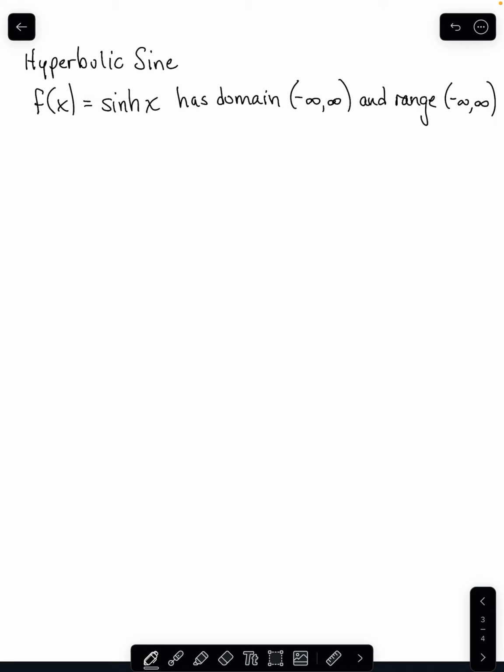As it turns out, the algebraic definition of hyperbolic sine is very, very similar to that of hyperbolic cosine, except this time the terms in the numerator are being subtracted.